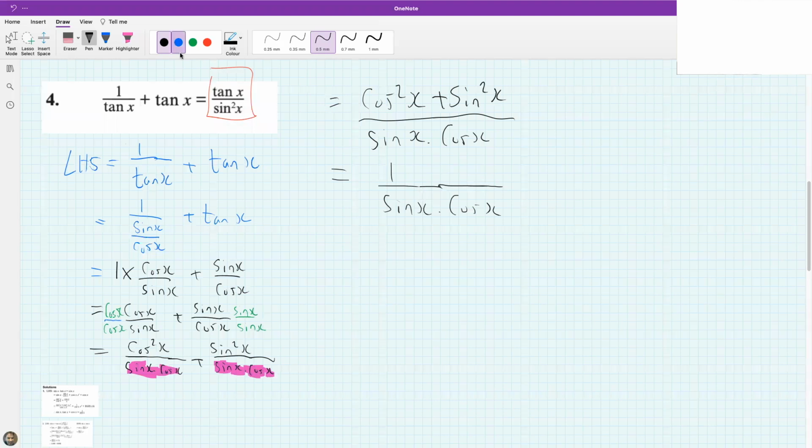So I'm going to leave the left-hand side like it is, and I'm going to ask you to have a look at the right-hand side. I'm going to give you some more time now. Can you try and simplify the right-hand side? What can you do to simplify it? Give it some time and give it a go.